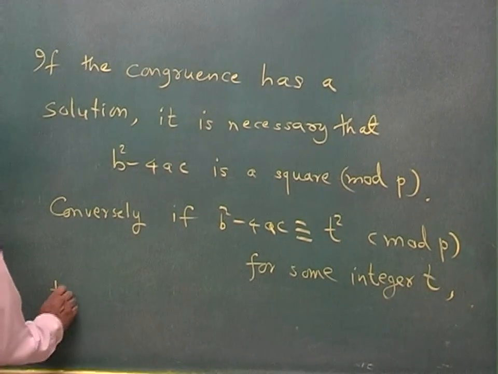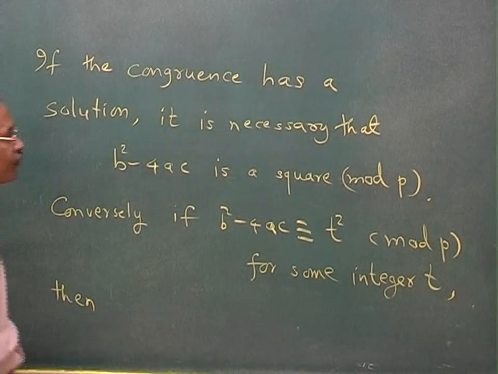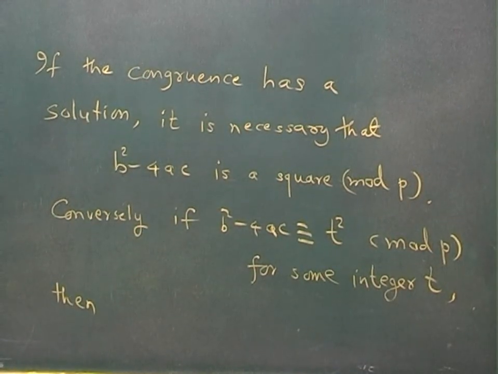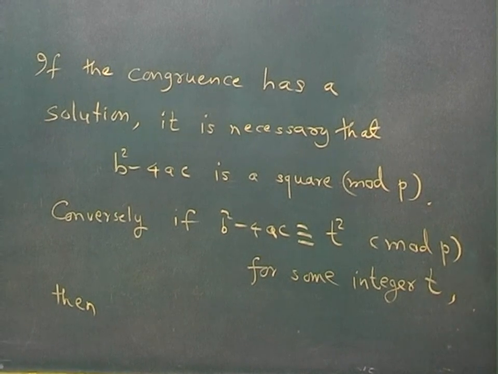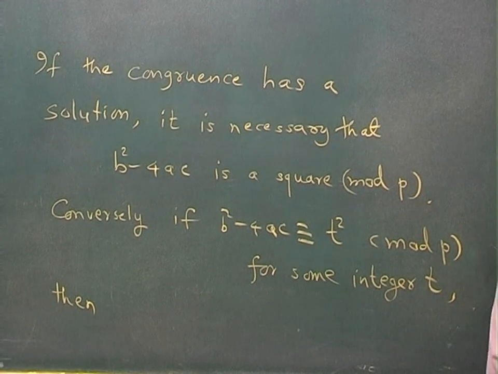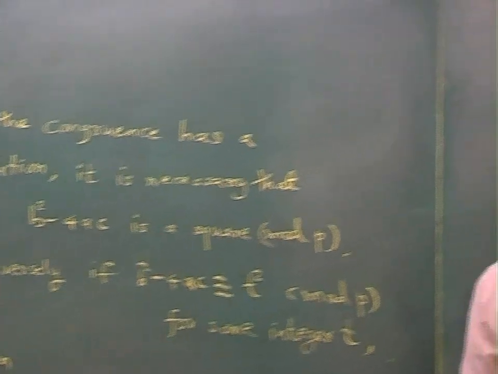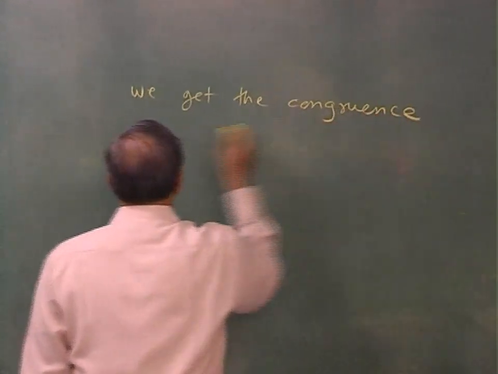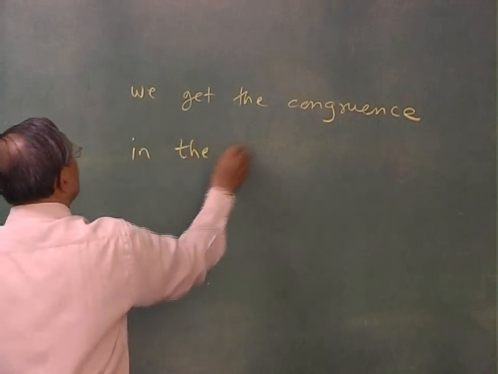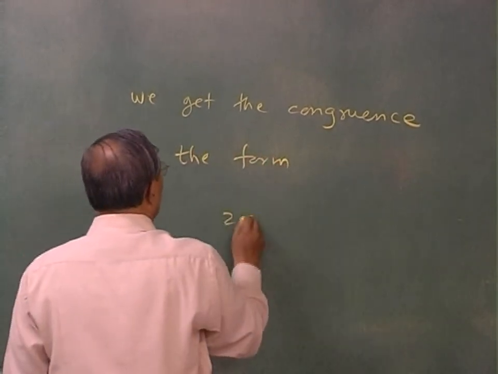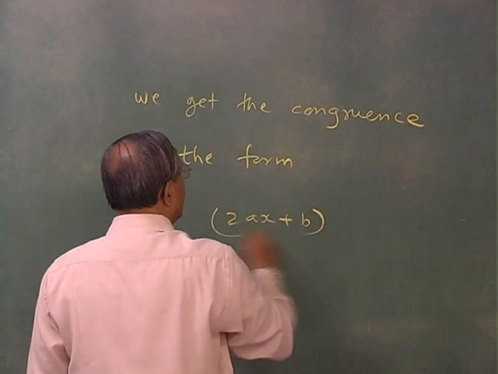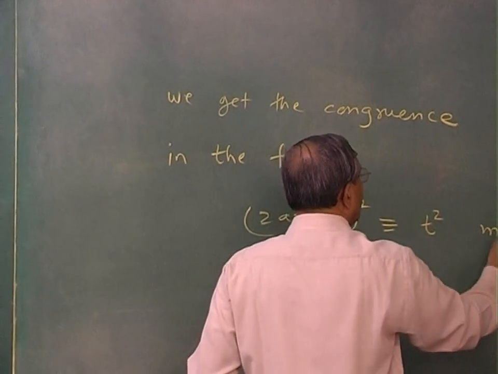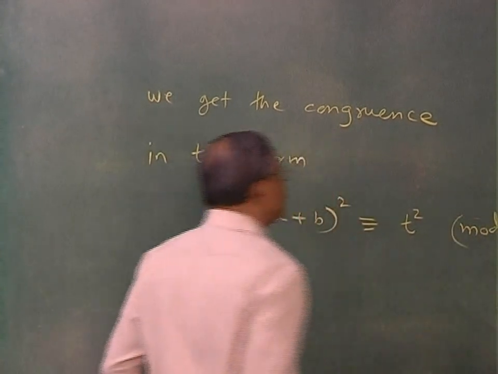Then we get the congruence in the form 2ax plus b, whole square, congruent to t square mod p.